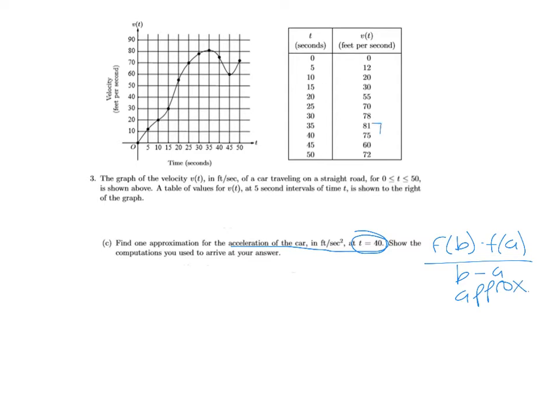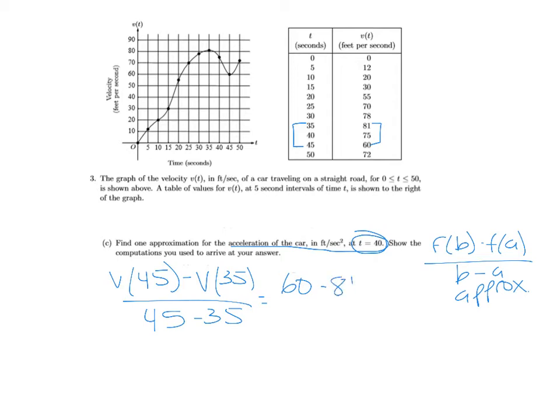So I used 35 and 45. That would be v of 45 minus v of 35 over 45 minus 35. So let's see, 60 minus 81 over 10, negative 19 over 10.